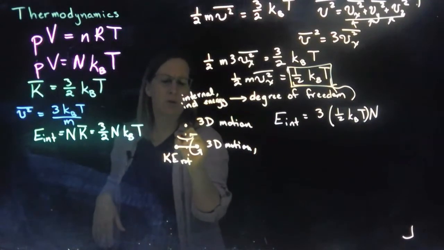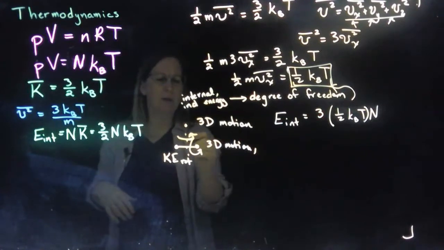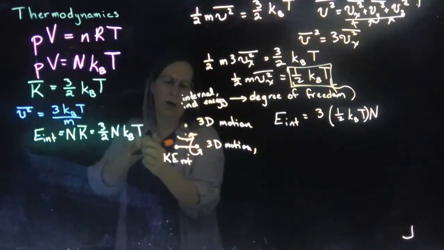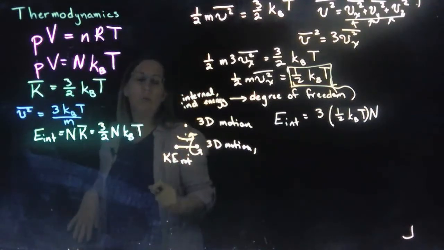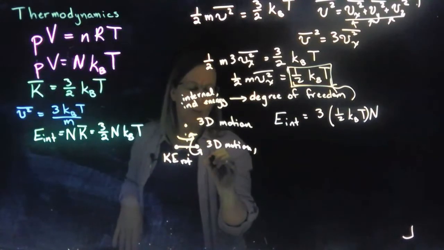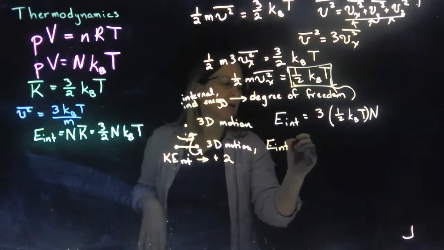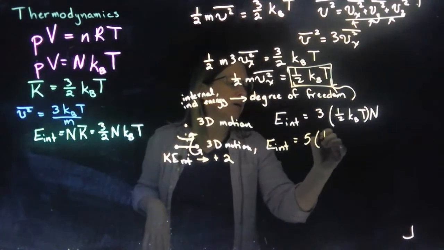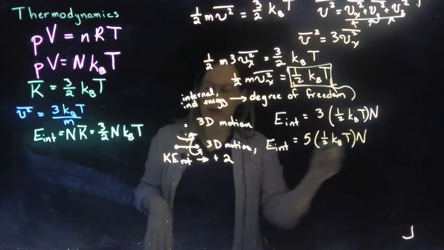Obviously, spinning it around like this would be a bigger moment of inertia because the masses are further away than if we spin just along an axis here, okay? So I've got 2 more degrees, so plus 2, and this gives us an internal energy of 5 times 1/2 kBT times N.